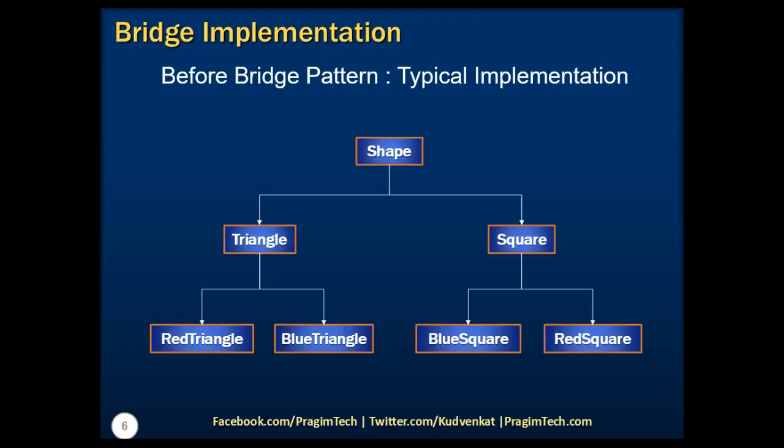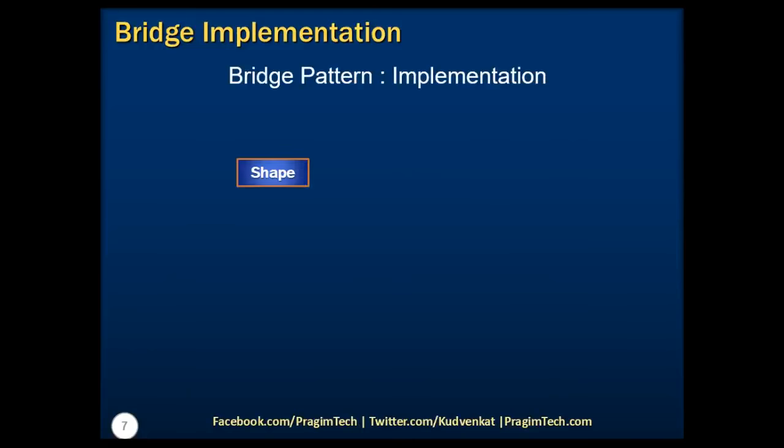This approach works fine. However, it complicates the extension as things are tightly coupled here, and we would want to decouple the abstraction from the implementation. Let's see how we can represent this using bridge pattern implementation. Now notice that the shape has been moved to abstraction and we have a refined abstraction of triangle and square.